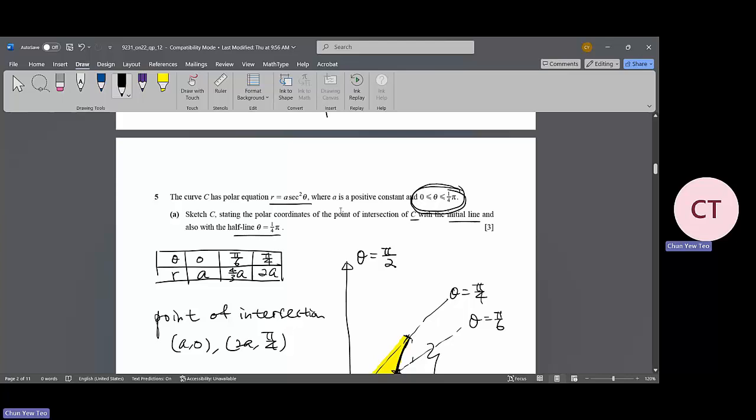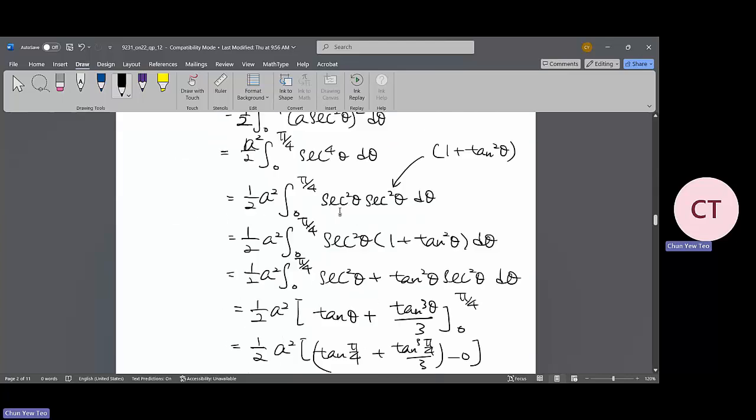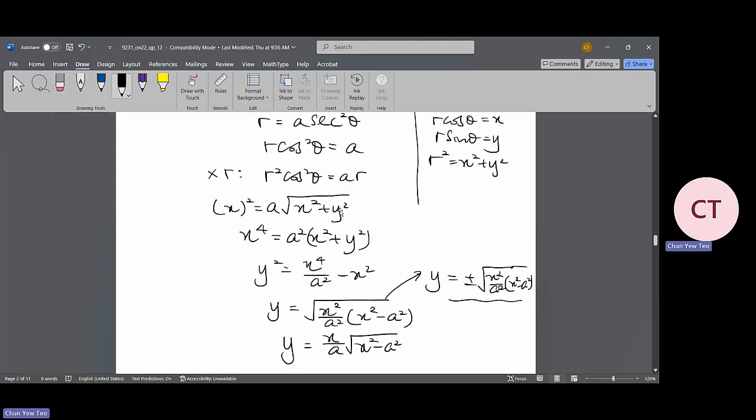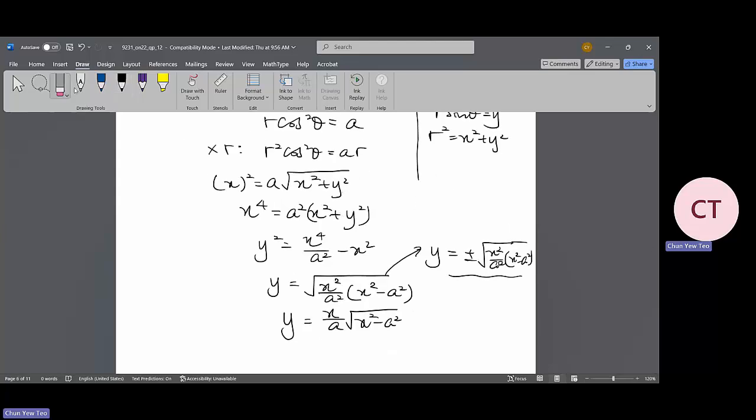So we will not get a negative value, and we will not consider the negative value. So just write like this will do. This is good enough. This is the answer. Done.